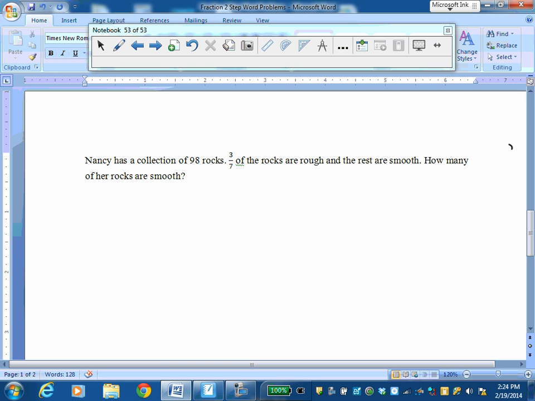Nancy has a collection of 98 rocks. 3/7 of the rocks are rough and the rest are smooth. How many of her rocks are smooth? Well, you can tell from here, the fraction is talking about the rough rocks, but for the smooth rocks, we don't know.